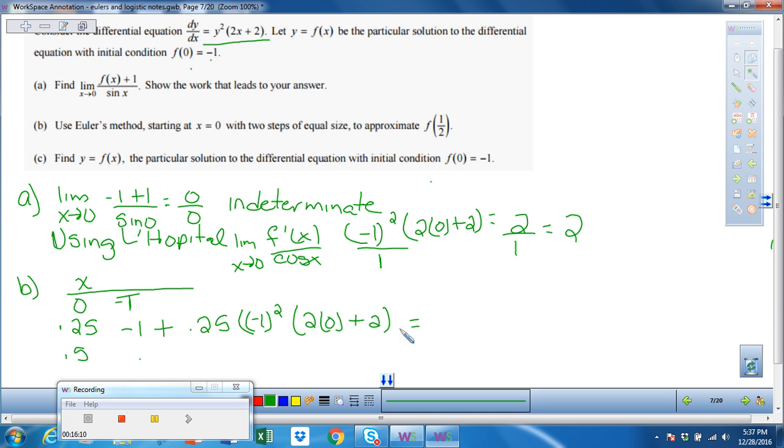And if my math is correct, that is negative 1/2. Okay? So remember, I take my previous y, negative 1/2, times my step size, which in this case is 0.25. Then I'm going to take my previous y, which is negative 1/2. I'm going to square that. And then 2 times my previous x, which was 0.25, plus 2.